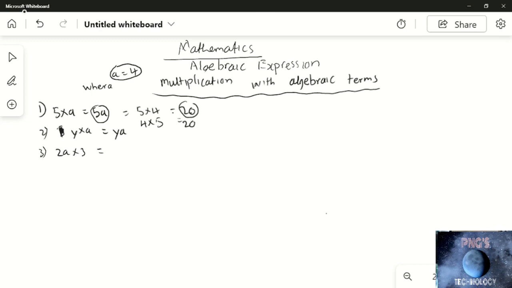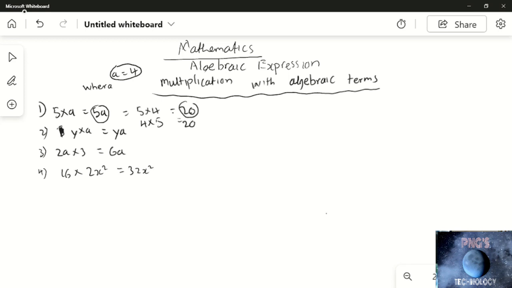So 2a times 3 will become what? 2 times 3 is 6, so we have 6a. 2 times 3 is 6, and attached will be a. So let's take another example, example 4. Let's assume we're given 16 times 2x squared. So 2 times 16 will give us 32. Yeah, I'm very sure about that. 32, then we'll add the x squared to it, so we become what?